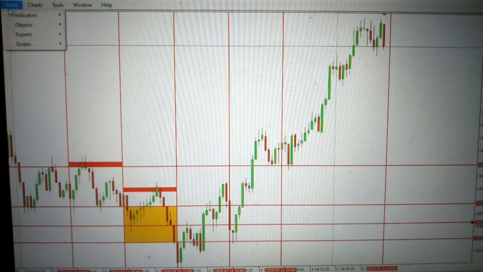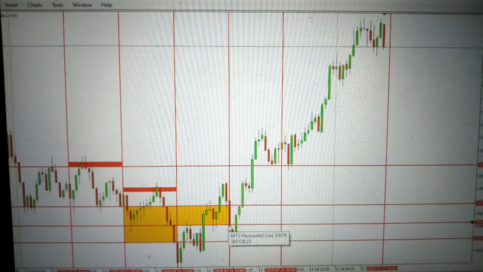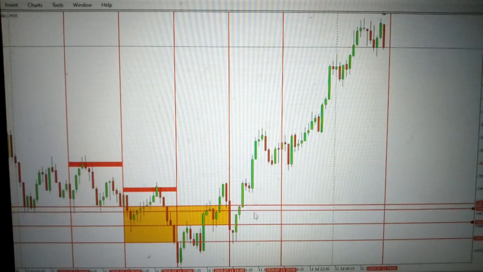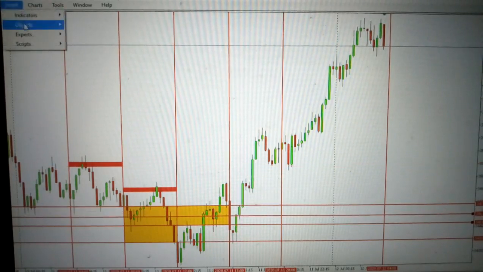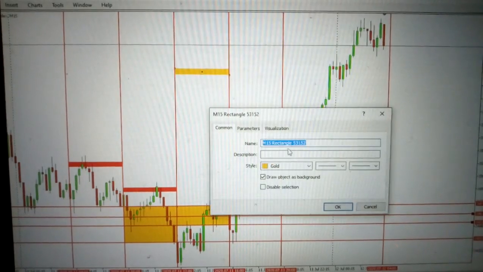So let me color the point where I'll be mapping out my resistance. I'll divide this particular box into two. Let me map out the resistance point. Just get a rectangular shape, change it to another color.